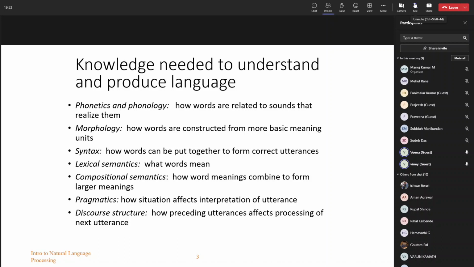Unless someone specifies that this book is written by this author, they don't even know which book. So that also is a modifier. So we are combining. When we say a book written by Jurafsky, that will give you compositional semantics.